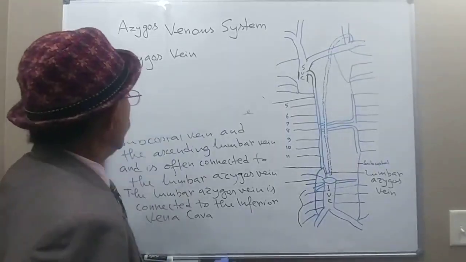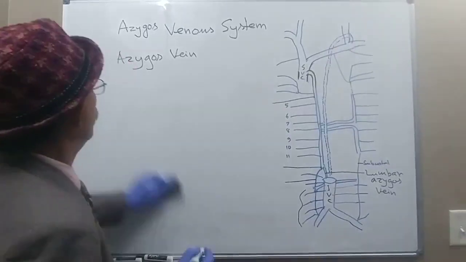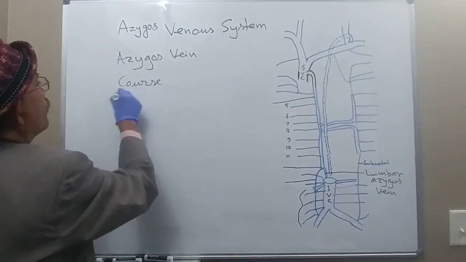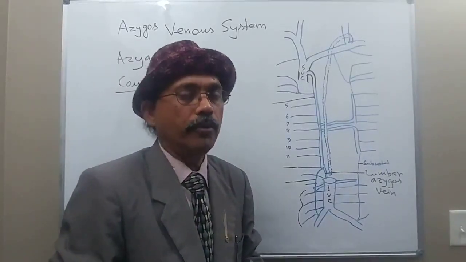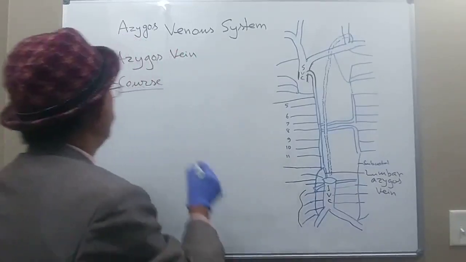Okay, we got that. Now, course of the azygos vein. The azygos vein enters the thorax from the abdomen through the aortic opening of the diaphragm.